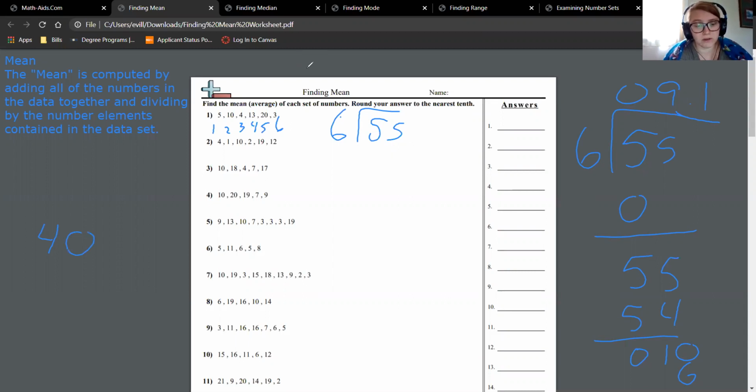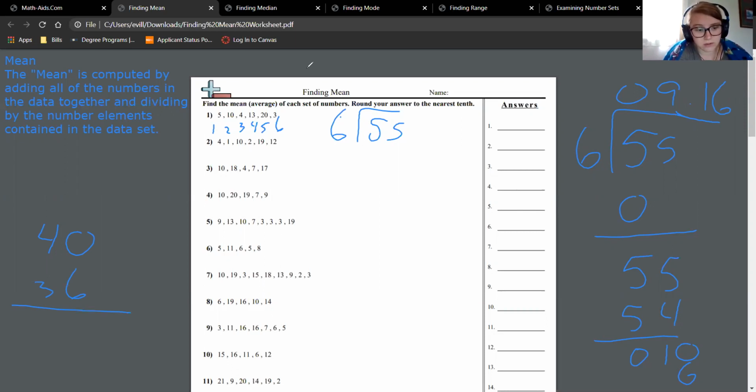Bring down a 0. 6 goes into 40. 6, 12, 18, 24, 30, 36, 42. That's too high. So 6 goes into 40 6 times. 6 times 6 is 36.